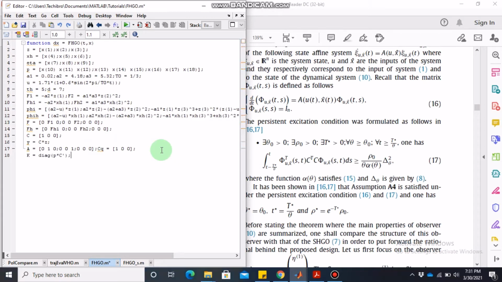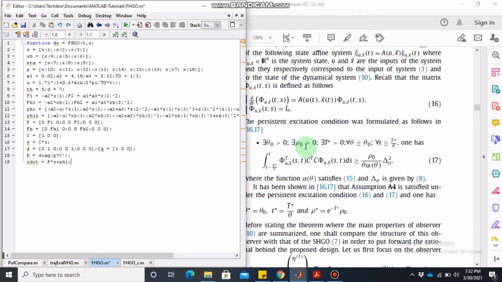And then K is the diagonal of P times C transpose. So P times C transpose is a vector of probably 3 cross 1, so the diagonal matrix will be 3 cross 3. K will be a diagonal matrix of 3 cross 3, which will be using the solution of the Riccati equation.